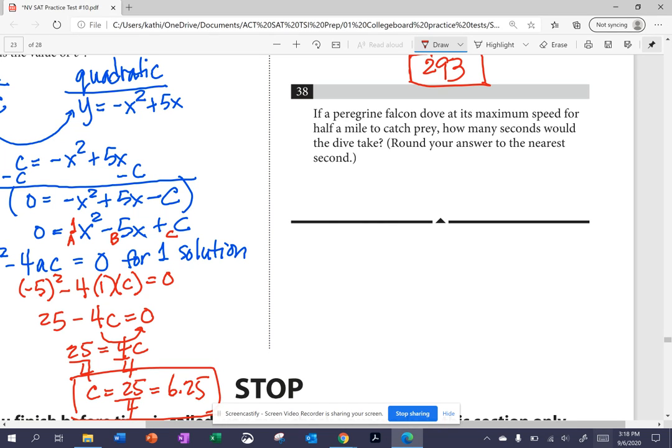Round your answer to the nearest second. Okay, so if we're going 200 miles an hour, and I want to know in a ratio of a half a mile, how long would that take?